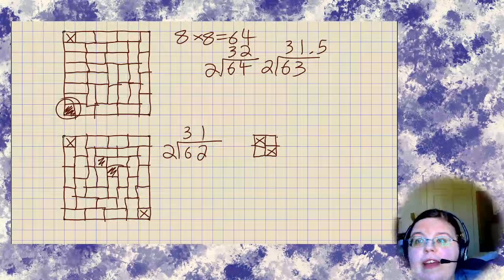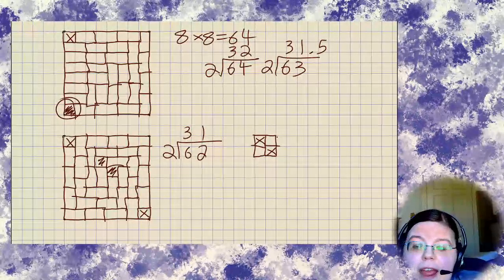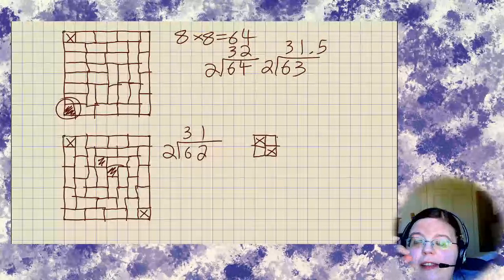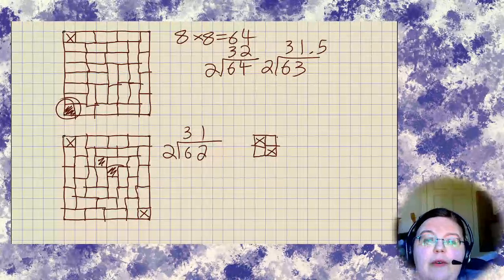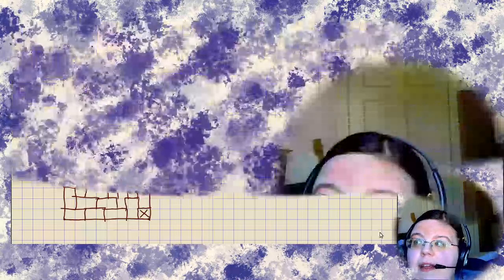So try some things out. Maybe try a 4x4 or a 6x6 checkerboard and see if you can find any reasons that might transfer up. And again, if you can, try a real checkerboard instead of just a diagram of it, because sometimes that helps: you get your hands physically on the dominoes and can move them around and try different things. That leaves you with something to work on.